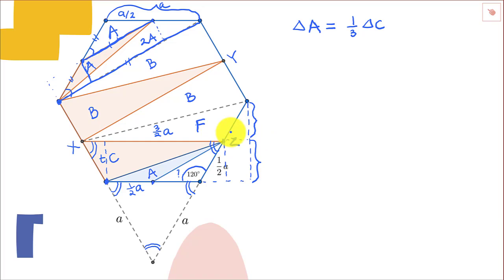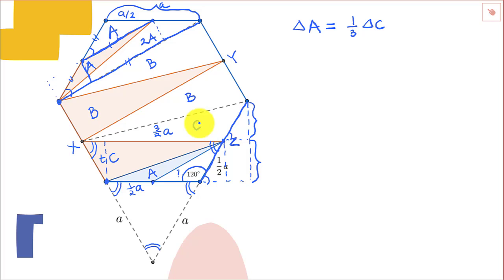Why is that? Because this angle is the same as that angle, and that side is half of A, which is the same as this side, which is half of A. So F is a triangle having the same base as triangle C and also the same height as triangle C. Therefore, the area of F is the same as the area of C.